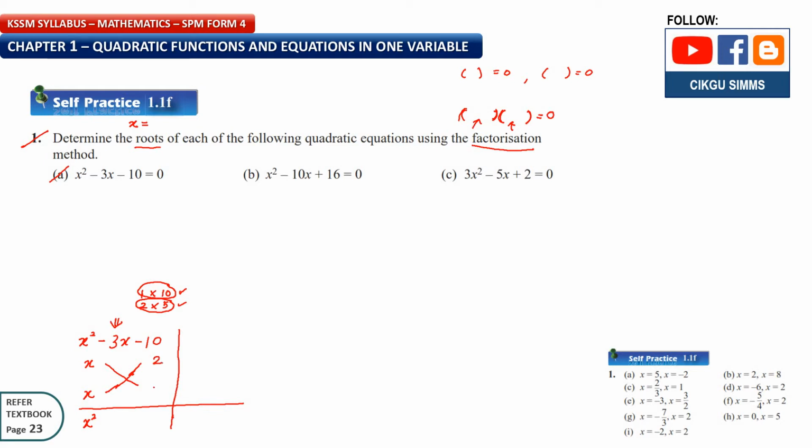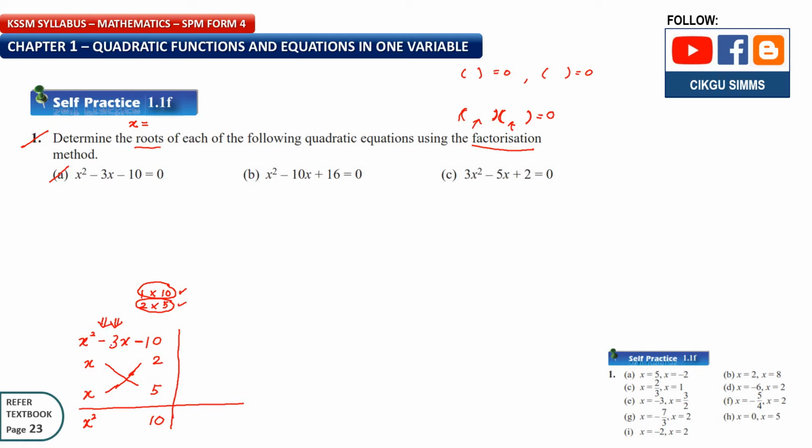So 2 and 5 is here. So remember, 2 times 5 is a positive 10, but here we have a negative. So one of them will be negative. So which one? 2 you put negative, or 5 you put negative? Okay, so here you need to see the sign.